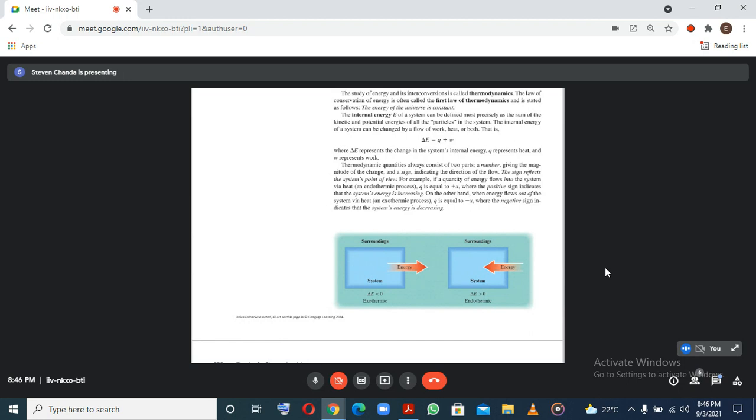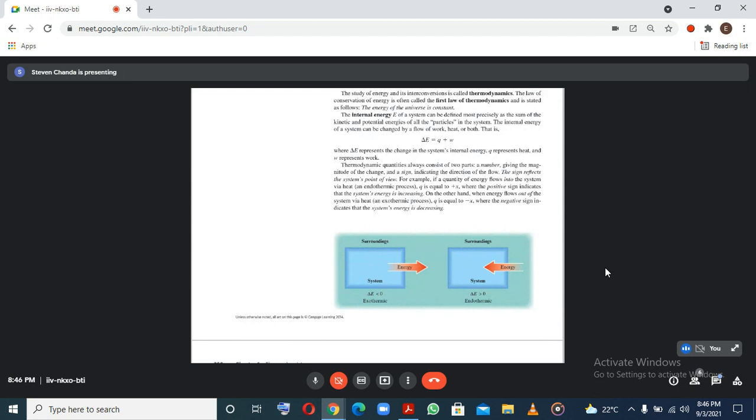And remember, in chemistry, we always look at it from the system's point of view. This means that if a quantity of energy flows into the system through heat, which is an endothermic process, then Q is going to be plus X. X can be any magnitude, but the sign is positive. Why?